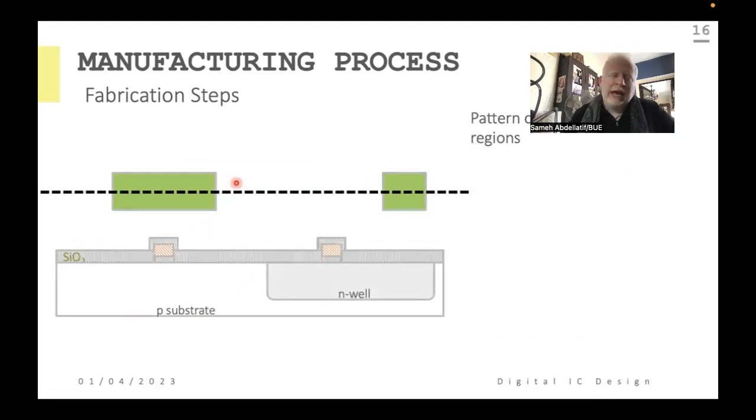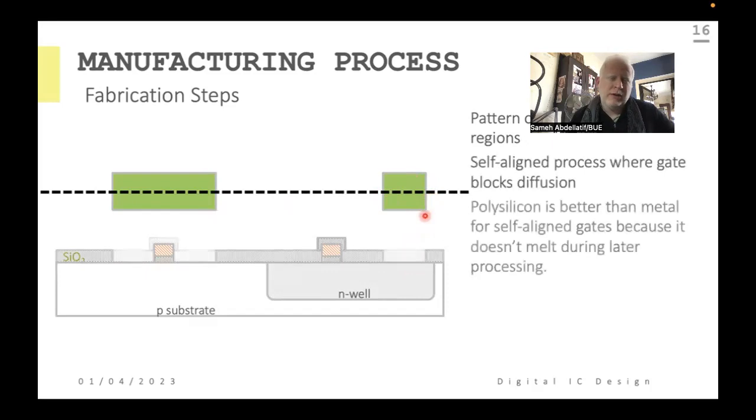So for the N-type doping, we have three regions: the source and the drain for the N-channel MOSFET, and don't forget the N-well tap, or the well tap here. So this will be the process.